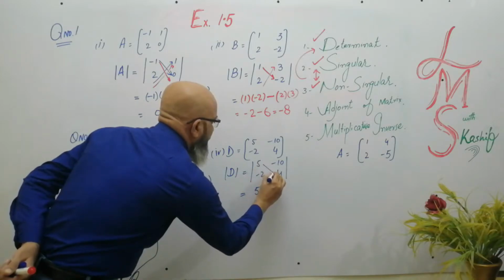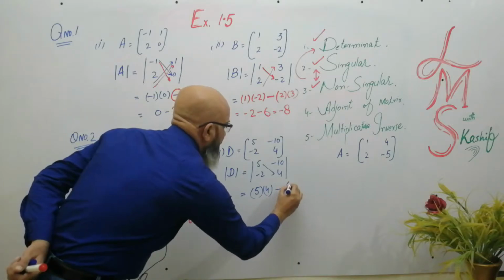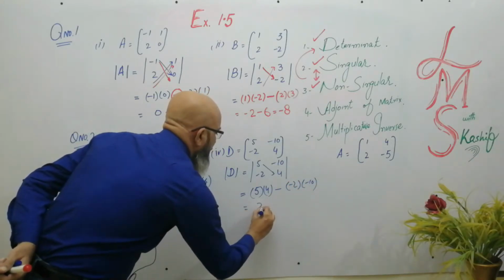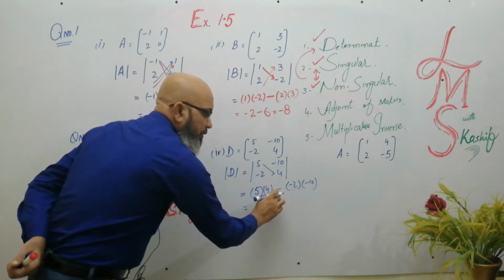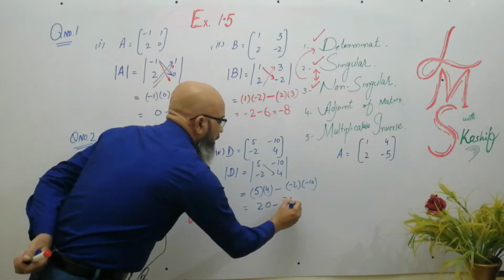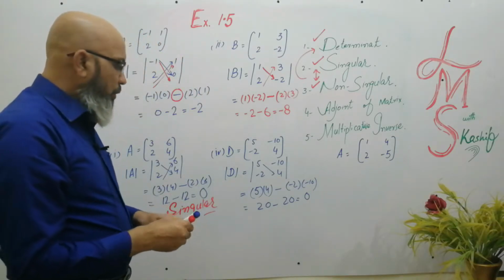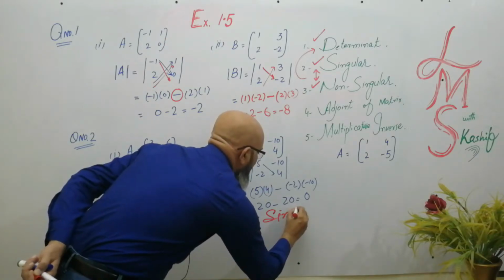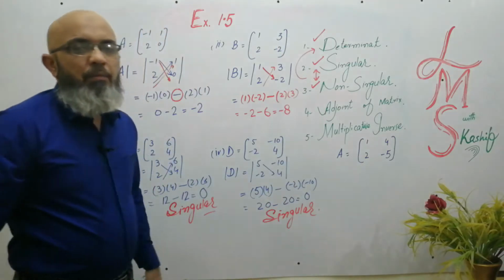Multiply: 5 into 4 minus 2 into minus 10. 5 fours are 20, minus minus is plus, and when again multiplied with minus it comes negative. So 10 twos are 20, again it is 0, so it is also a singular matrix.